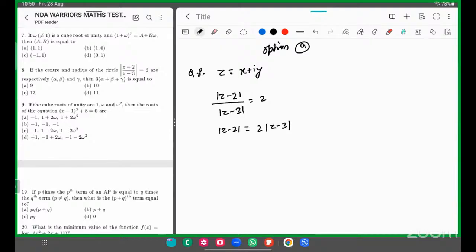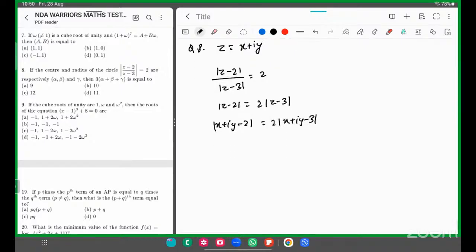So you are going to get, if you put the value of x plus iota y in place of z, mod of x plus iota y minus 2 equal to 2 mod of x plus iota y minus 3. Taking the real parts together, x minus 2 plus iota y equals 2 into x minus 3 plus iota y.